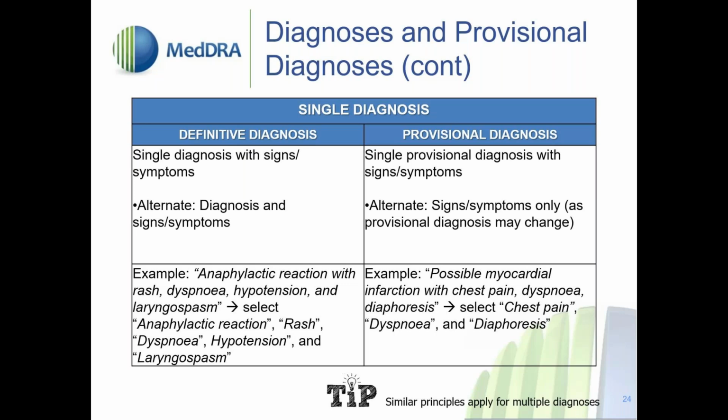So if we stay with the examples we shared, but this time we're showing you the alternative option, you see that for the diagnosis that had signs and symptoms, there is an alternative option that some folks do follow, which is to code everything. You code the diagnosis, you code all the signs and all the symptoms that you received. So there are colleagues that I know that follow this approach.